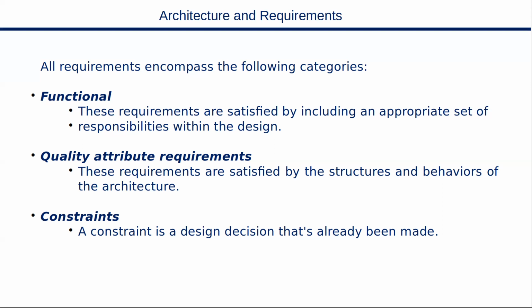Here the term responsibilities is used as a generic term that describes the functionality that should be delivered. In other words, what does functional requirement mean? It means what functions the user can get from your system. For example, what kind of buttons he can click, what kind of action he can do.